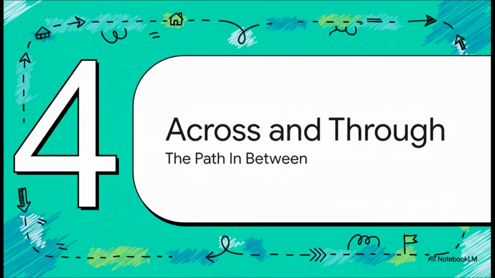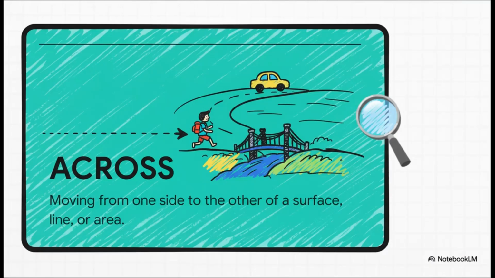Okay, so we've covered the start and the end, and we've talked about entering and exiting. But what about the actual path you take in between those points? Think of across as traveling over, like a two-dimensional surface. You're moving on top of it, from one edge to the other.